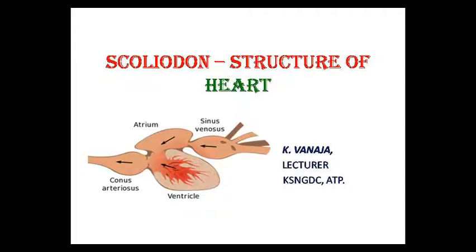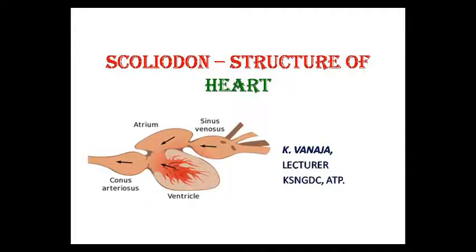In between, we can observe the three-chambered heart in amphibians and reptiles. The four-chambered heart we observe in birds and mammals. But Scoliodon belongs to fishes only. Hence, we can find two chambers in the heart of Scoliodon.